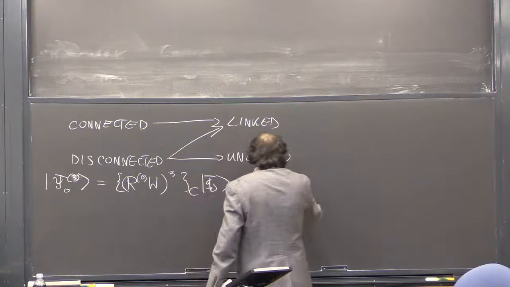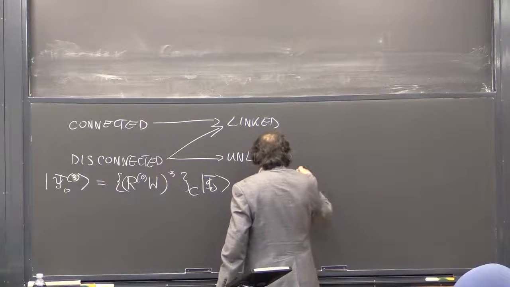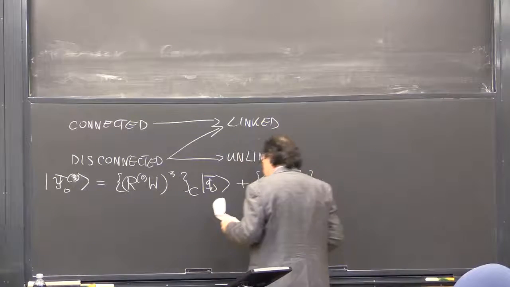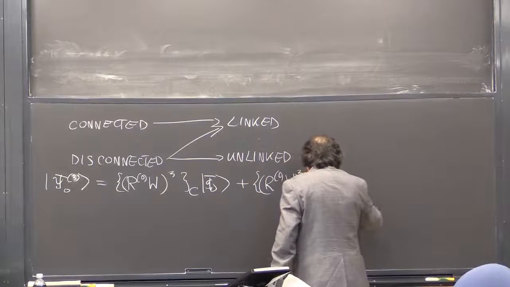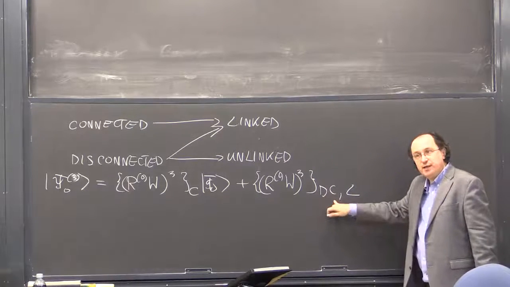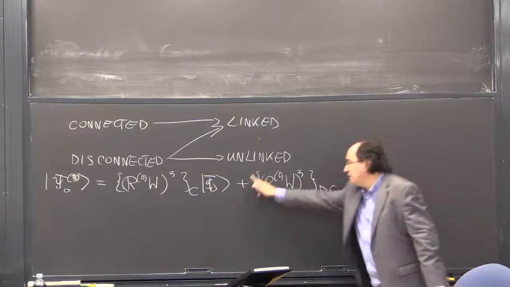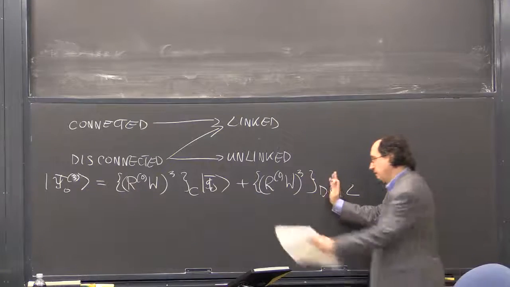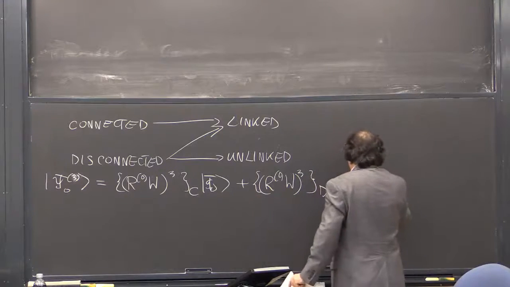We have disconnected but linked, so I'm going to use both symbols. DC means disconnected, L means linked, from the principal term, defined here by these braces.